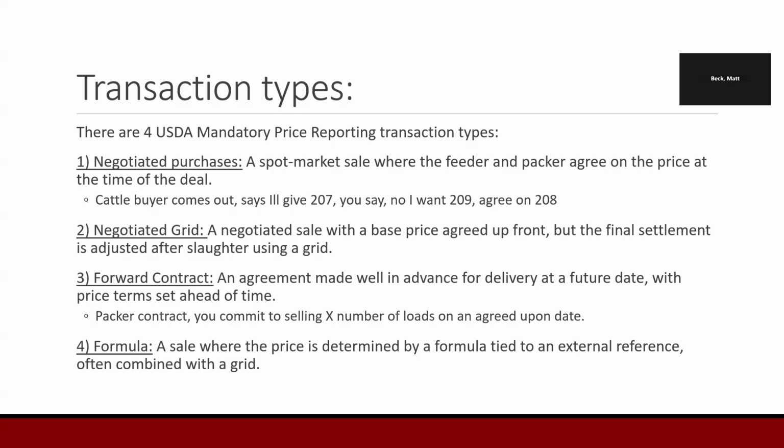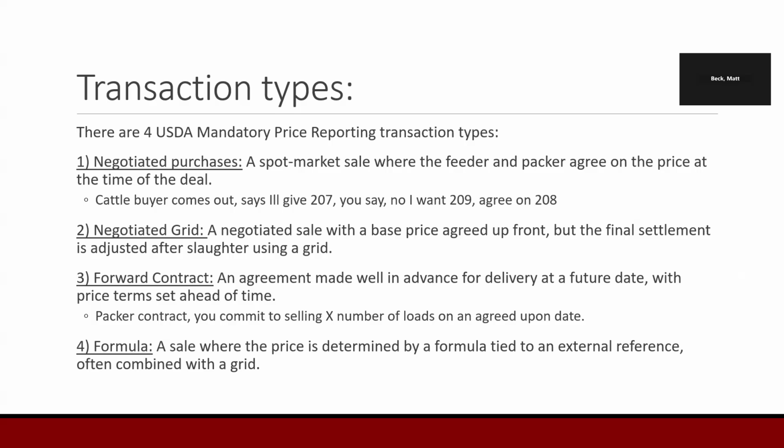The final settlement is, so you don't know your exact price you're going to get paid, but it's going to be based off how they do on the grid. And typically, you may negotiate the premiums or discounts you see, but typically they're going to be based off the USDA 5 area average or something similar. But you negotiate that base price.